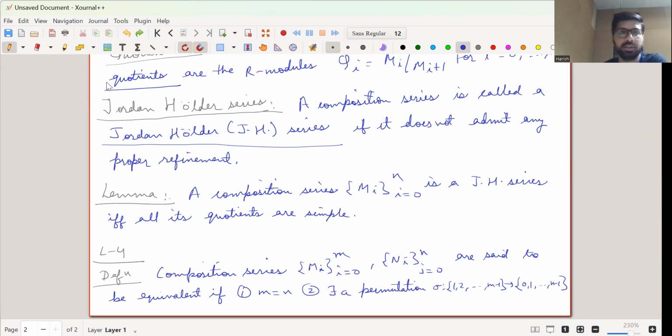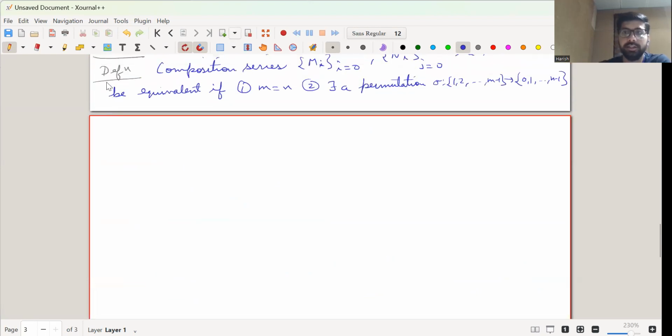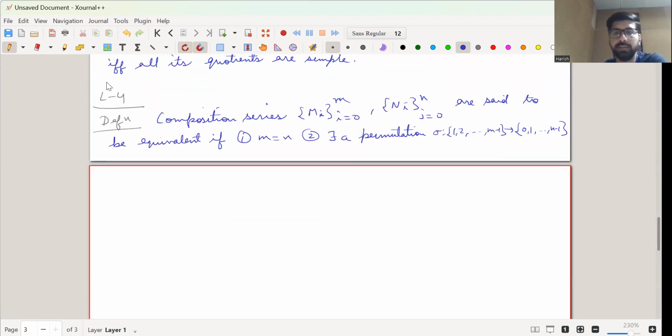Okay, so the second thing is there is a permutation such that their consecutive factors, that is m_i modulo m_{i+1}, are isomorphic with respect to this sigma.